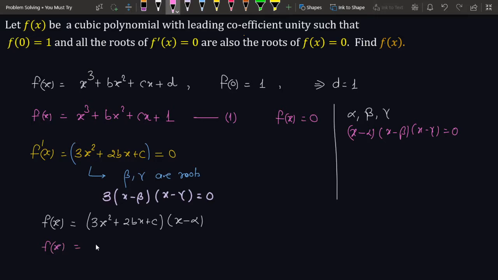This gives 3x cubed minus 3 alpha x squared plus 2bx squared minus 2b alpha x, and when c is multiplied to these two terms, that gives cx minus c alpha.